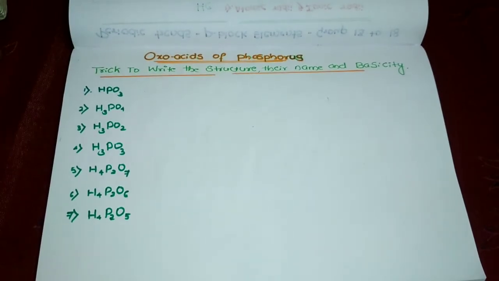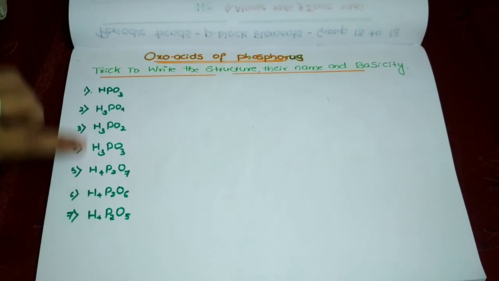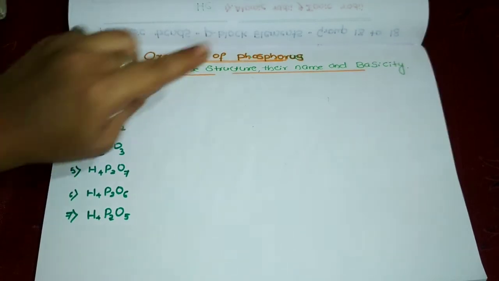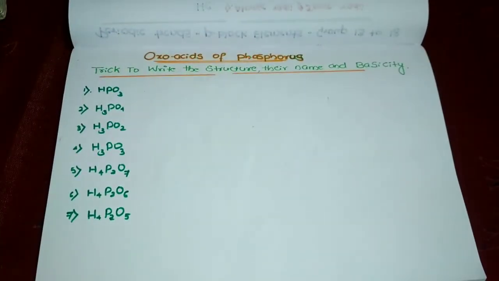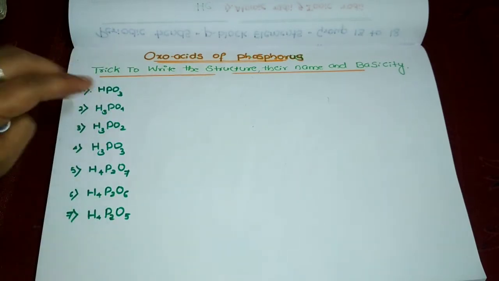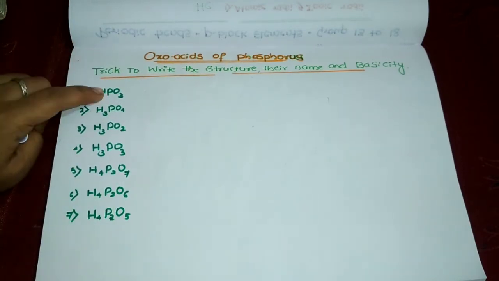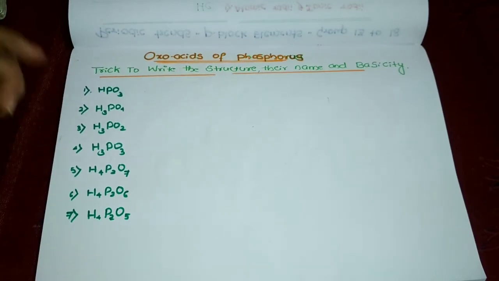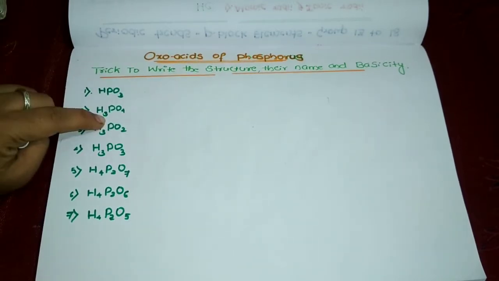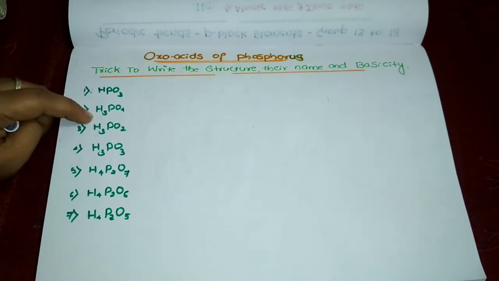See, it is quite simple. All these oxo acids which I have written are for phosphorus. They are interrelated: one oxo acid of phosphorus, or of that particular element, is related to another oxo acid.